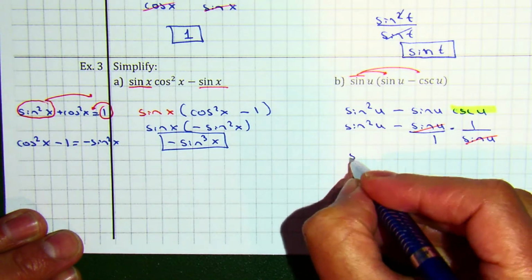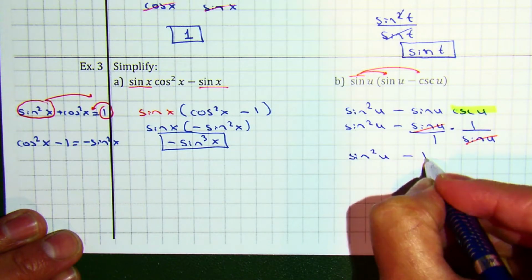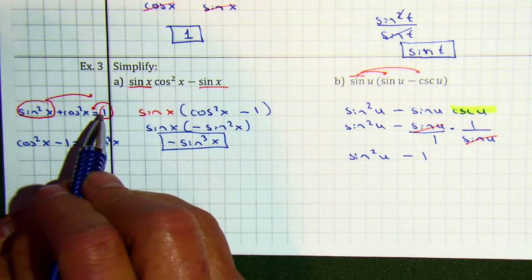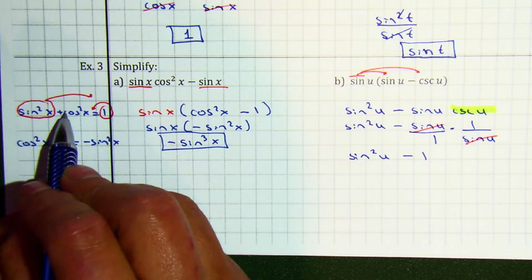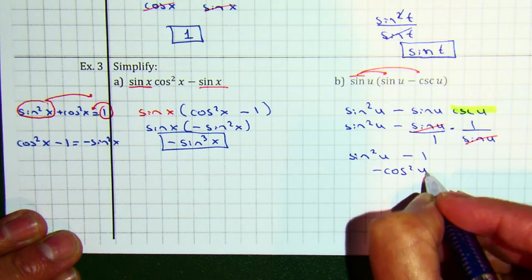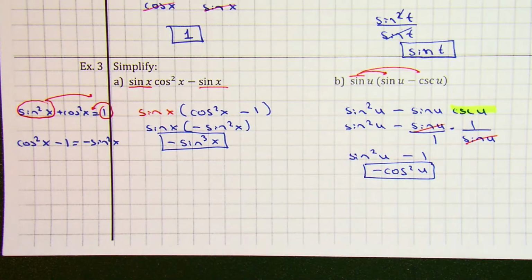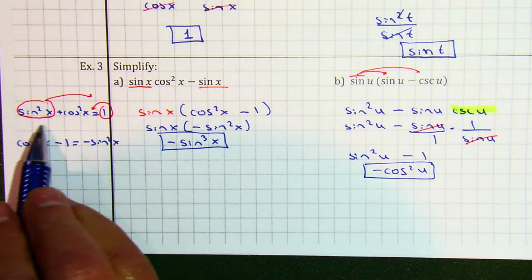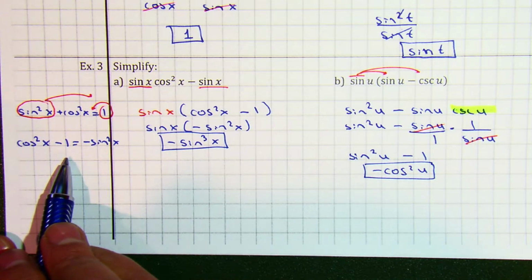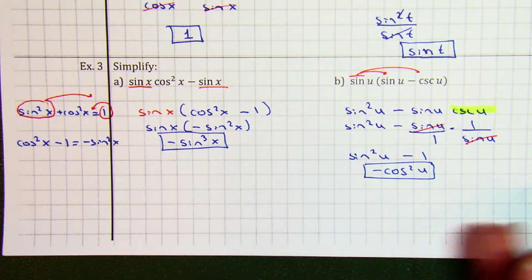So therefore, the sine squared of u minus 1 is equal to, so if I move the 1 to the left, the cosine will be negative cosine squared of u. So just be careful. You can quickly do it in your head or go through a process and rearrange them so that way you can correctly replace it.